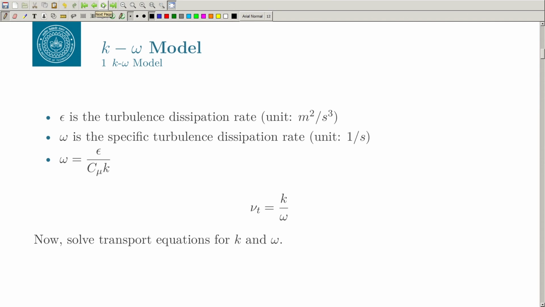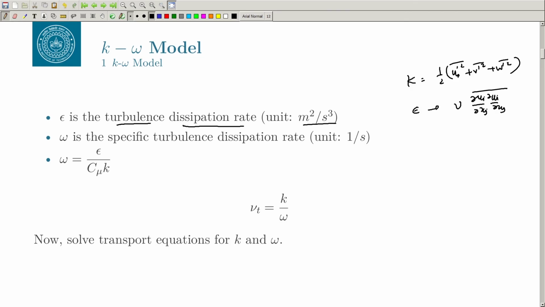In the K epsilon model, K was the turbulence kinetic energy, which is given as half of u prime square plus v prime square plus w prime square, right, and then we had the turbulence dissipation rate, epsilon, whose unit was meter square per second cube, which was something like del u i by del x j, del u i by del x j, something like that. There is a quantity. Okay, so this represents how the dissipation is happening.